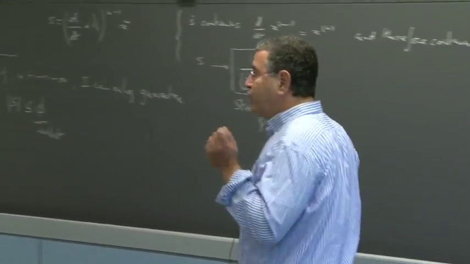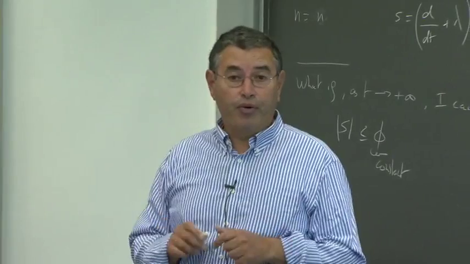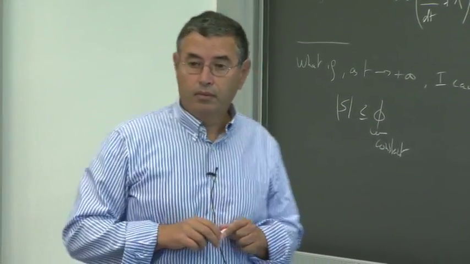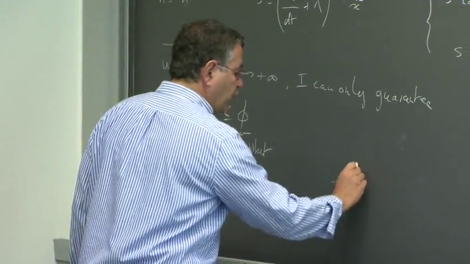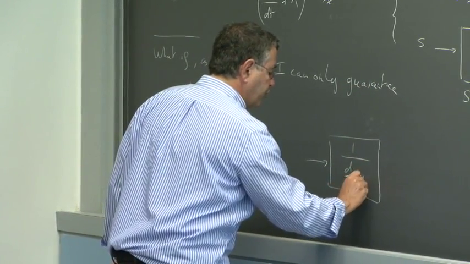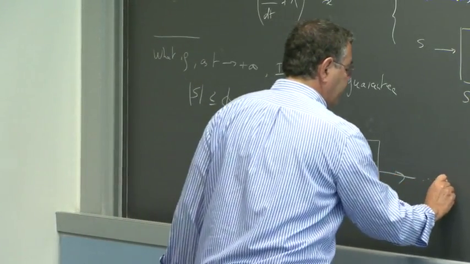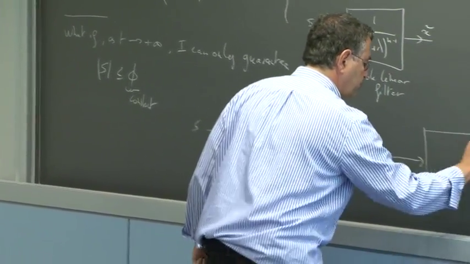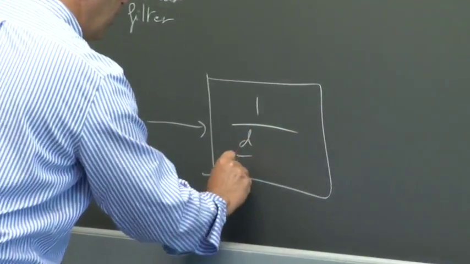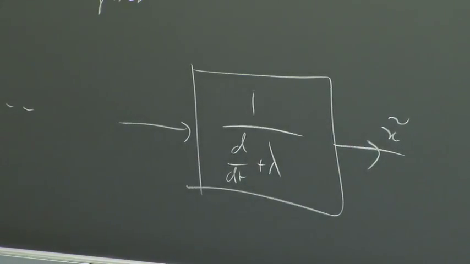All right. So that's what it says for a second order system. What about an nth order system? Well, we don't need to redo the calculation, because an nth order system is basically just a sequence of first order systems. So in other words, to go from s to x tilde in an nth order system, we go not through one filter, but through n minus 1 filters.